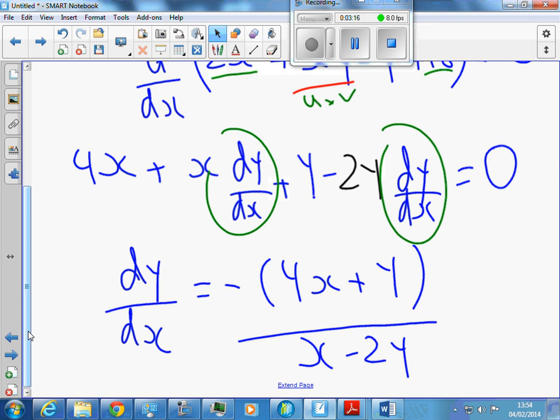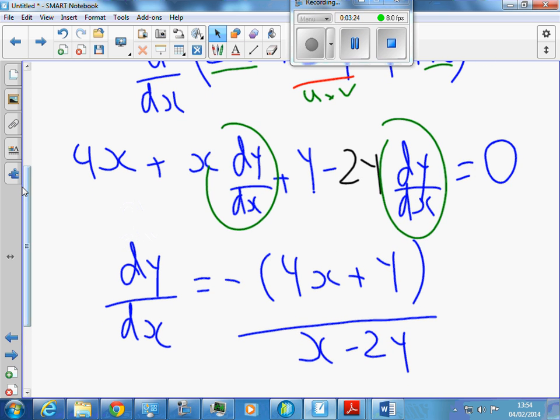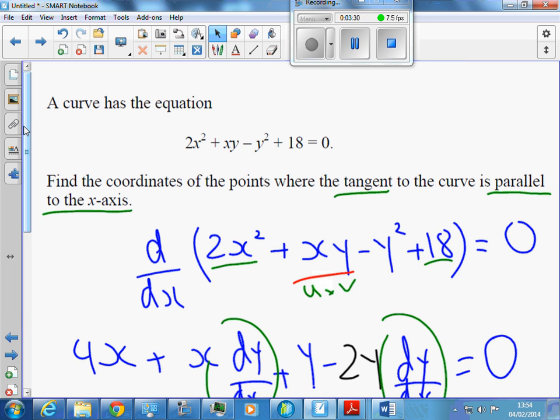And now here's the key. That is the correct answer. Now here's the key thing. What we need to do is find the coordinates of the points where the tangent to the curve is parallel to the x-axis.